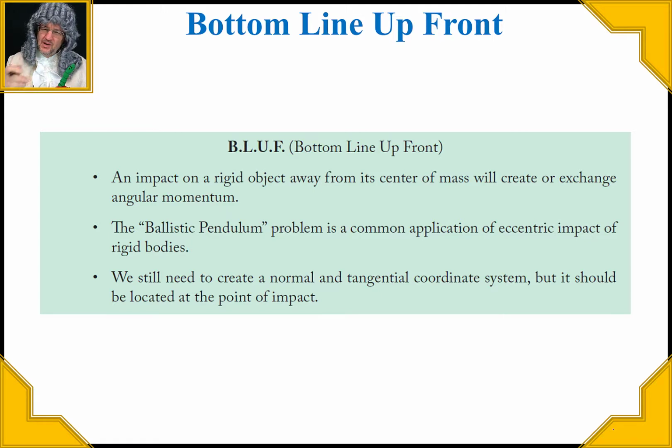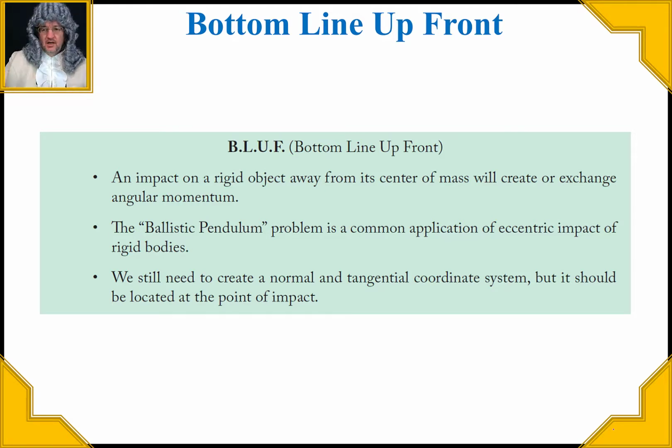When we're going to do a problem, if we go back to class 11 and 12, we did particle impacts. In class 12, we had normal and tangential coordinates that we had to set up for oblique impact of things, right?